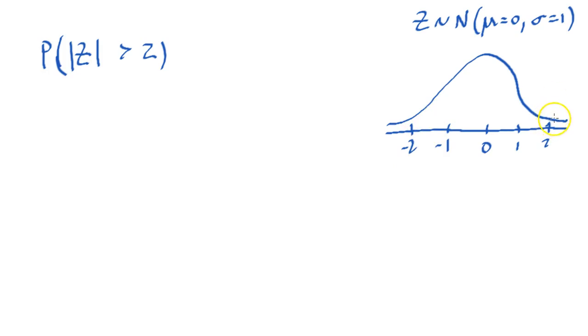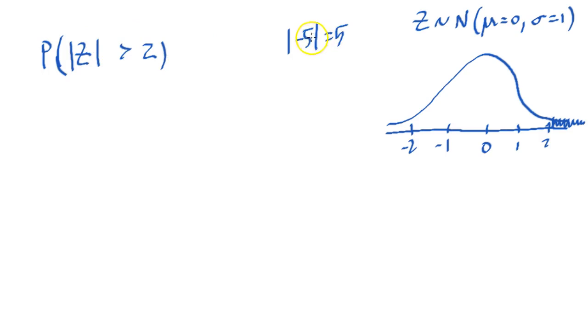Now, being greater than 2, we know we'll include that. Let's think of what will also satisfy the absolute value of Z being greater than 2. Just imagine Z being negative 5. The absolute value of negative 5 is equal to 5, and 5 is greater than 2.